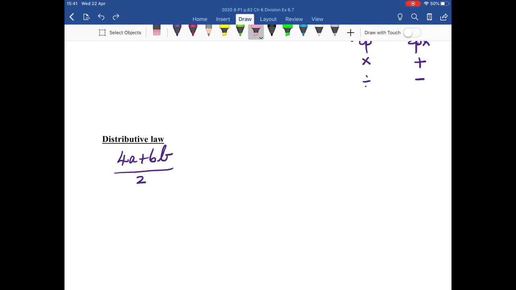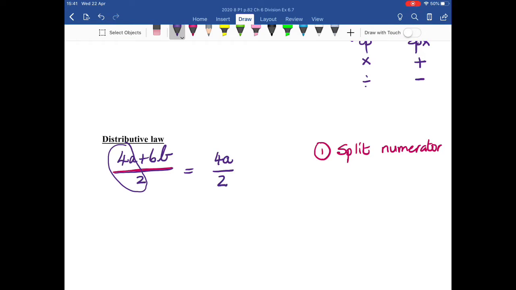The first thing I'm going to do when I'm dividing, this tells me I'm dividing, is split my numerator. I'm going to show you why it does work. So 4a over 2 plus 6b over 2.